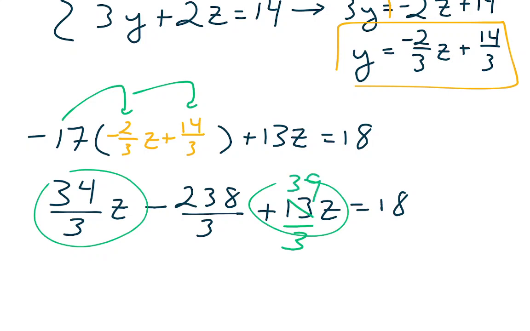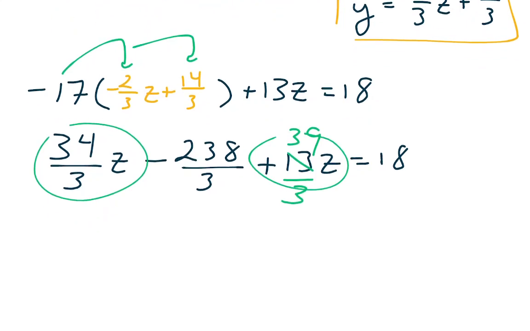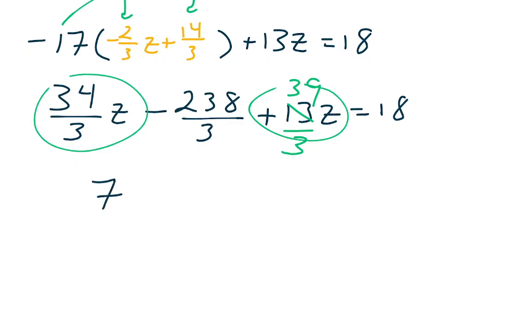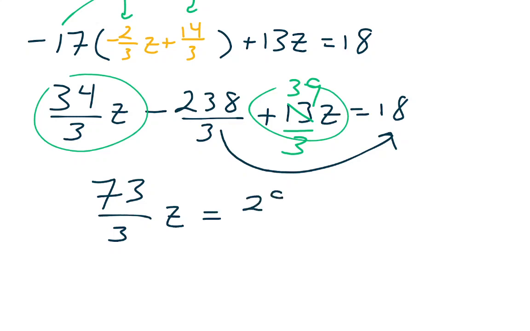Or again, you could put it in a calculator, but it's basically just 34 plus 39, coming out to be 73 thirds. But that's 73 thirds of z. How about this 238? Actually, negative 238. How about we add that over here? If you add that over with 18, you're going to end up with 292.